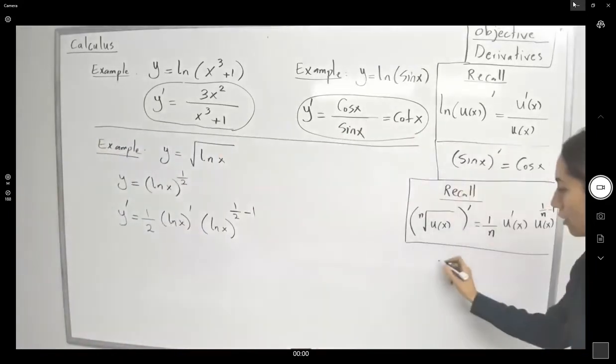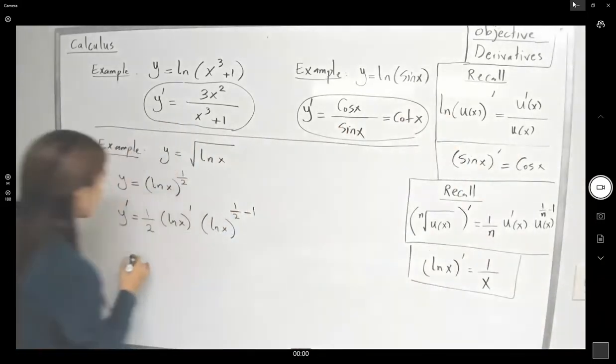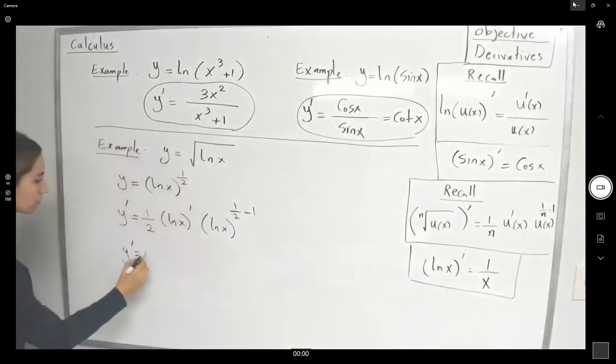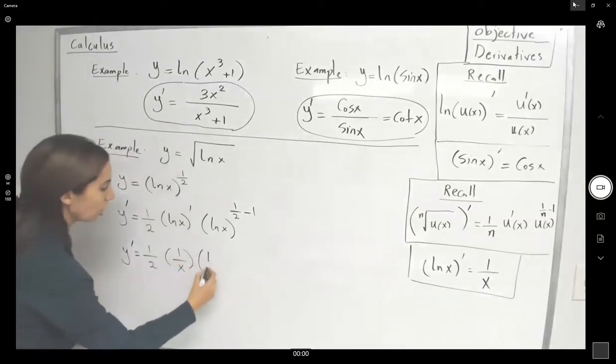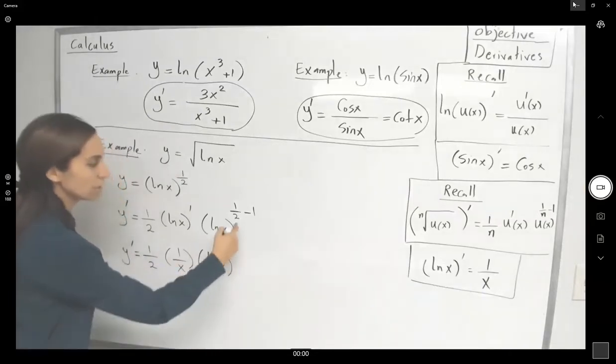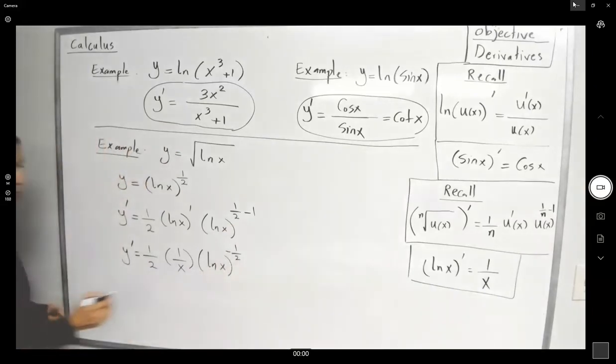Remember that the derivative of ln of x is equal to 1 over x. So we can simplify this, y prime equals a half, 1 over x, times ln of x raised to negative a half. The rest is algebra.